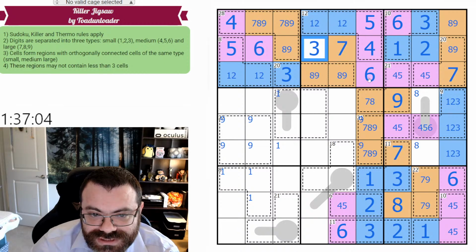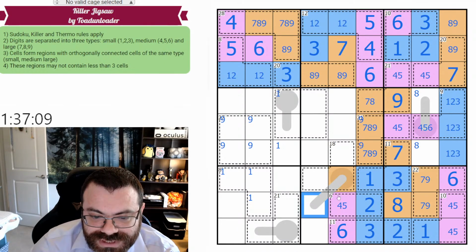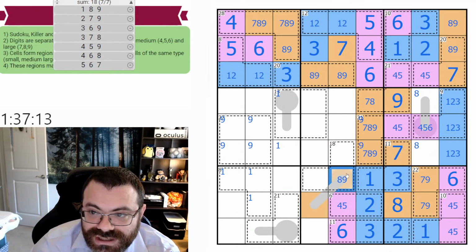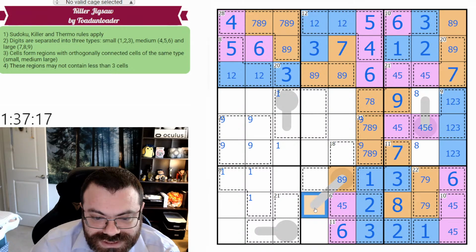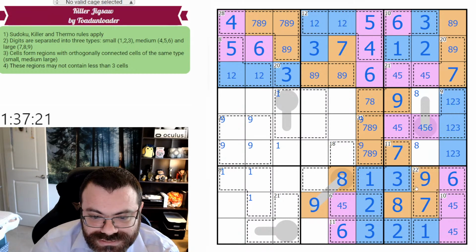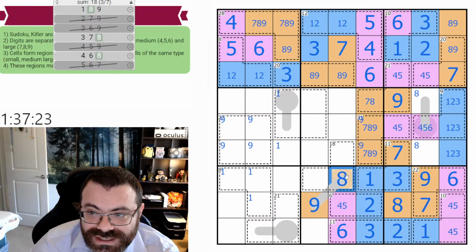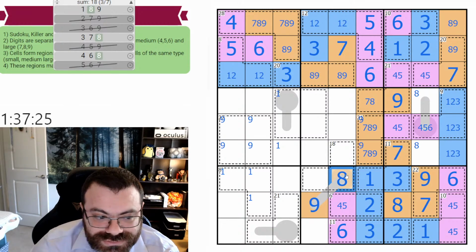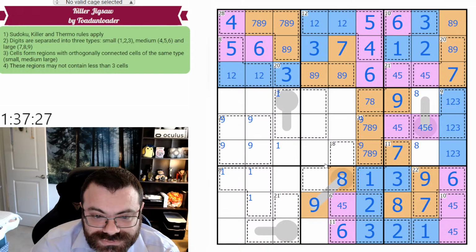So this has to be 7, this is 3, and then this has to be high as well, which makes this one high because of the thermo. So this is 8 or 9. And this is, oh, can't be 9 though. So that's 8 and 9. That's 7 and 9. So we have an 8 in the cage. That's 8 and 9.